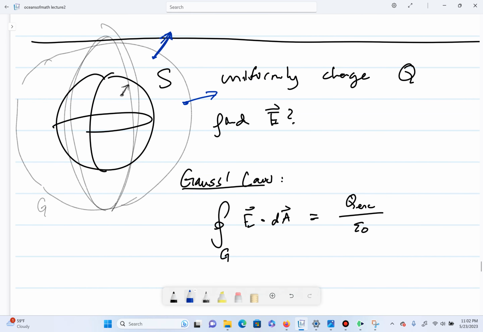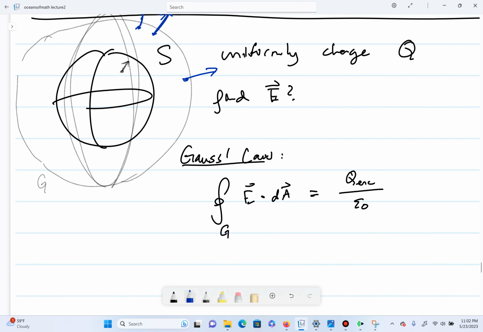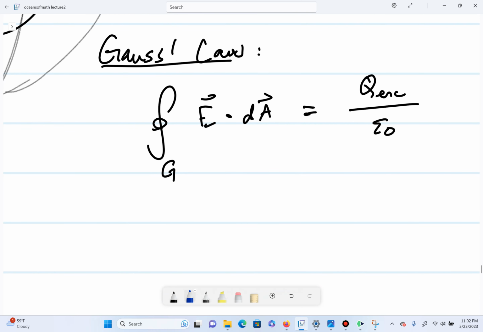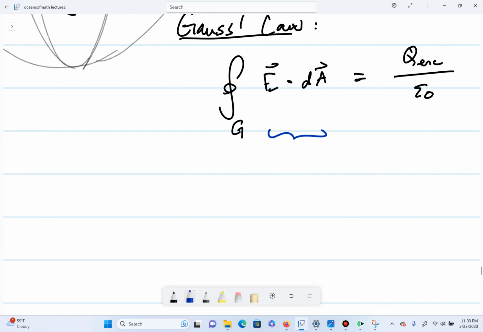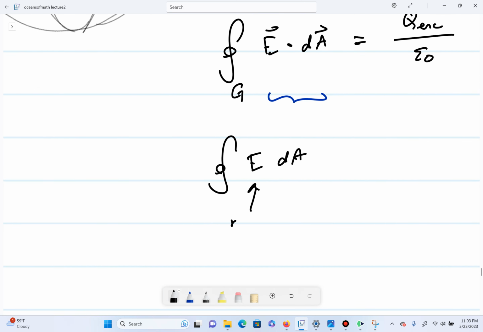So any vector that's normal to this Gaussian sphere G is going to be directly parallel to the electric field. And so because of that, E dot dA, remember the dot product is just E dA times the cosine of the angle between them. If they're parallel, that just becomes E dA, where E is the magnitude of the electric field.